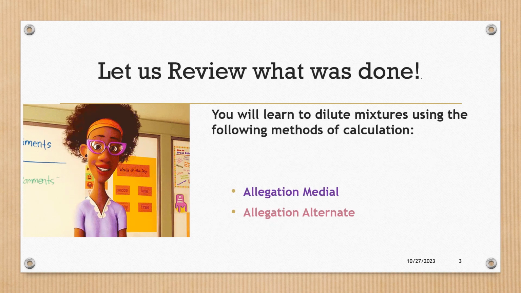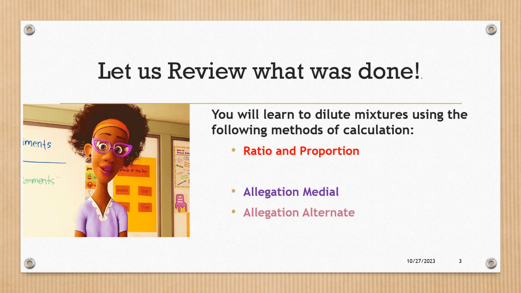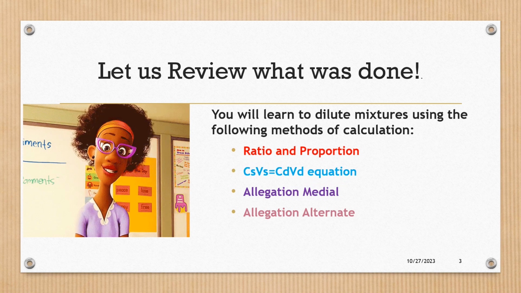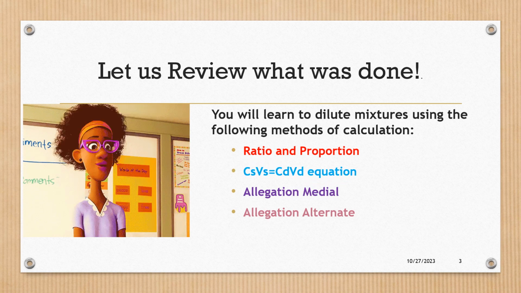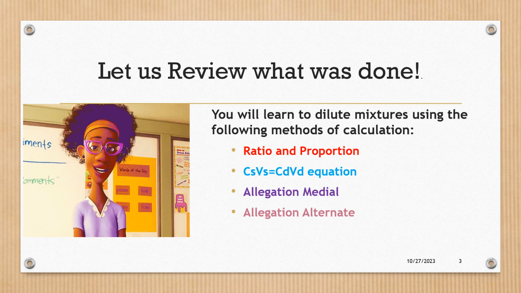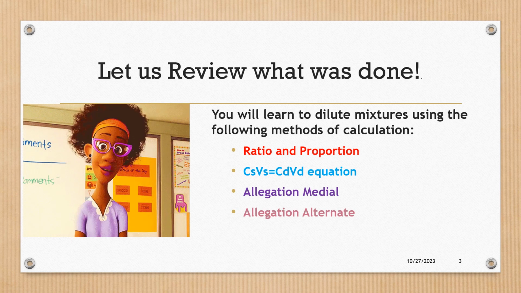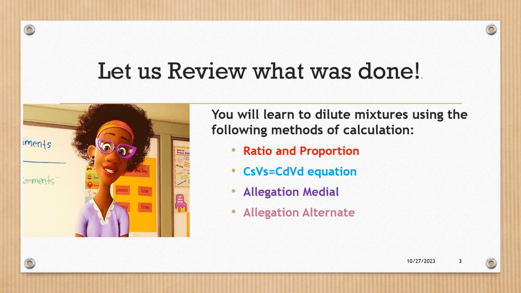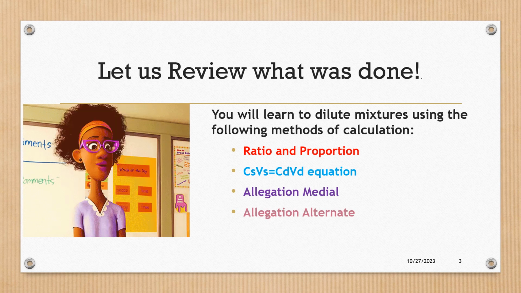Previously, we looked at using ratio and proportion to alter product strength or product concentration. We also looked at how we can use CSVS equals CDVD to alter product concentration. And now we will look at the use of alligation medial and alligation alternate to alter or determine product concentration.